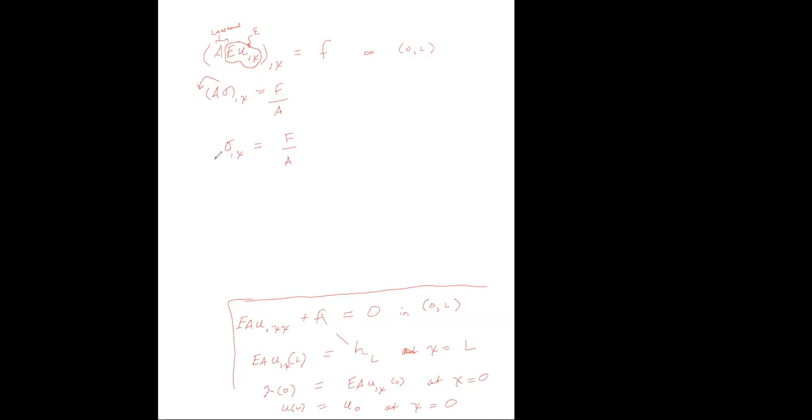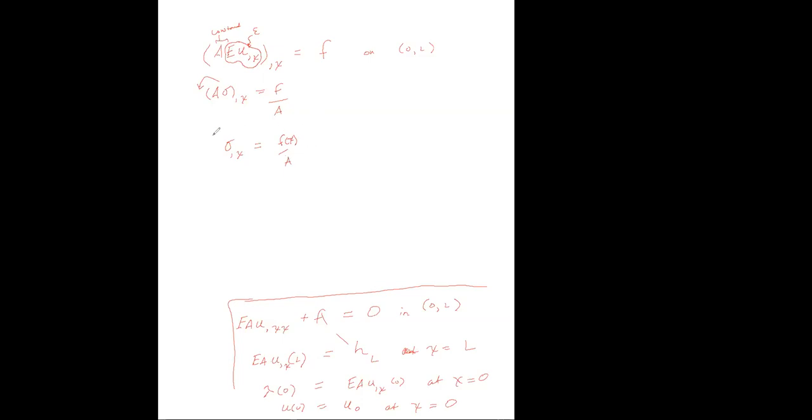What this is saying is the rate of change of stress is going to be equal to basically the body force, little f, which is a function of x. And that makes sense, right? The rate of change of your stress should be equal to the body force divided by the area.